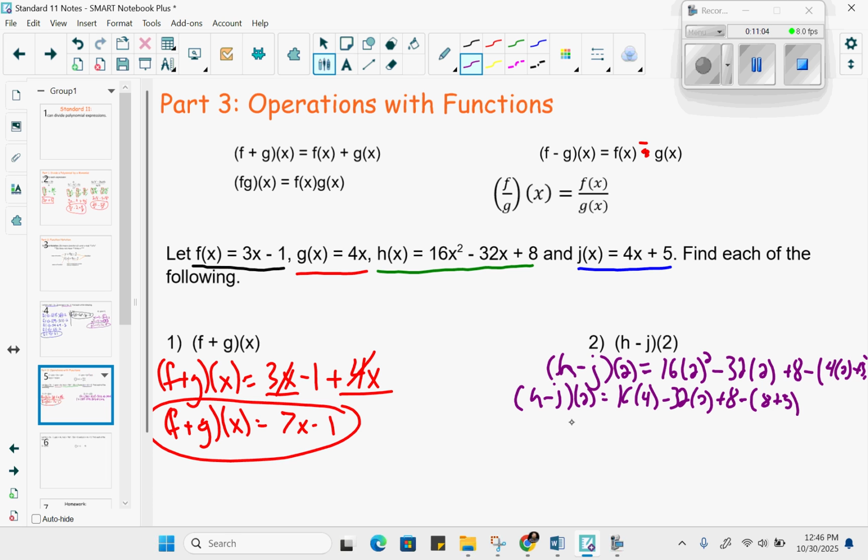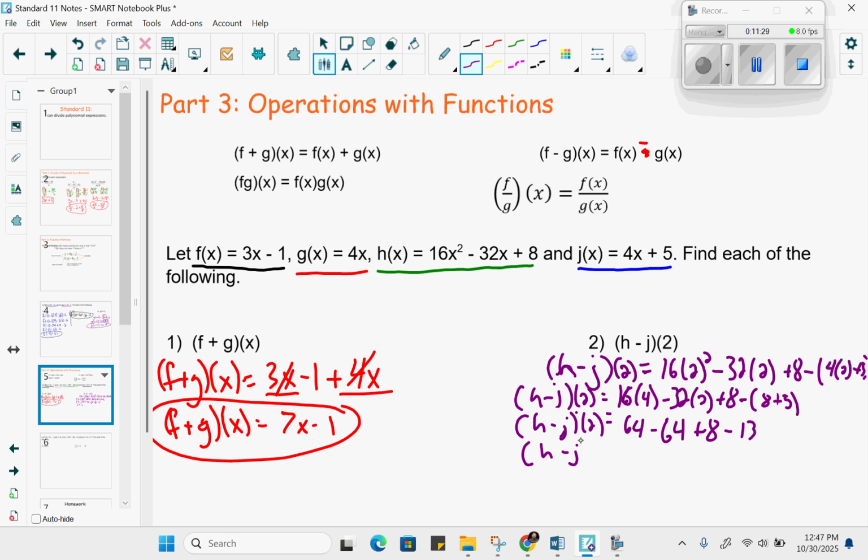All right, keep going. h minus j of 2 equals 16 times 4, 64, minus 32 times 2, minus 64, plus 8, minus 8 plus 5 is 13.